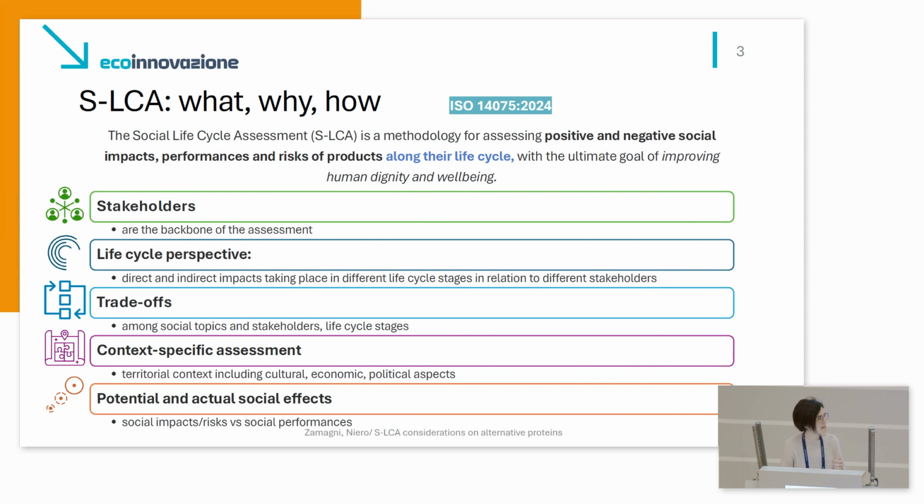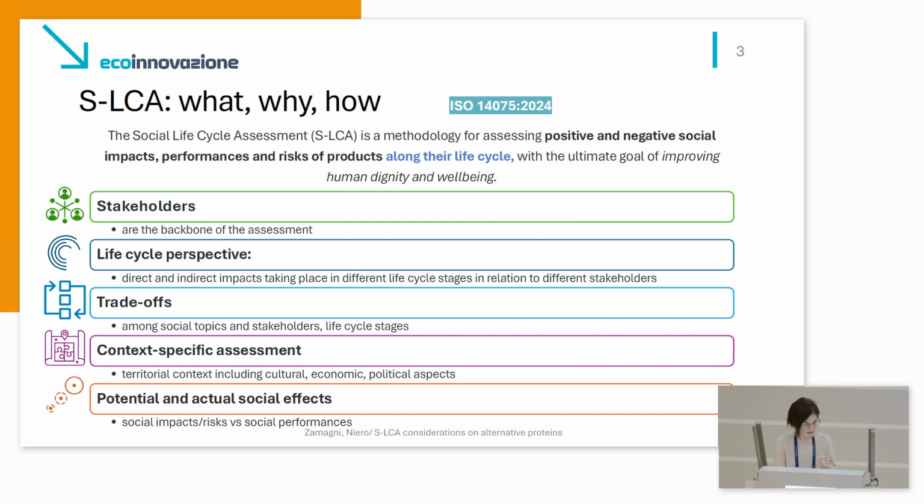Stakeholders are meant as groups of people that can be affected by the introduction into the market of new products, new technologies, or simply can be affected by the behavior of organizations that manage products and systems. Typically in social LCA, we deal with different categories of stakeholders. They include workers, society at large, consumers or users, small-scale entrepreneurs. We also have children. We have value chain actors, many of them, as you can see. And we consider them all.